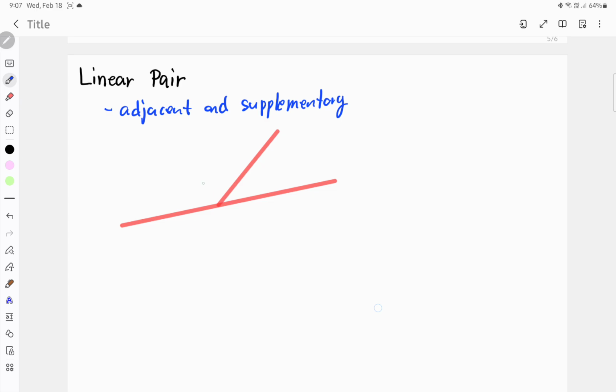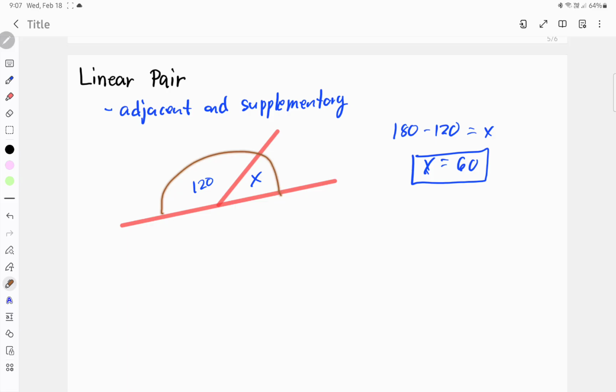So for example, if this is 120, this is x, so therefore 180 minus 120 is equal to x, and x would be 60. So that is the requirement for a linear pair. A linear pair should be adjacent and supplementary.